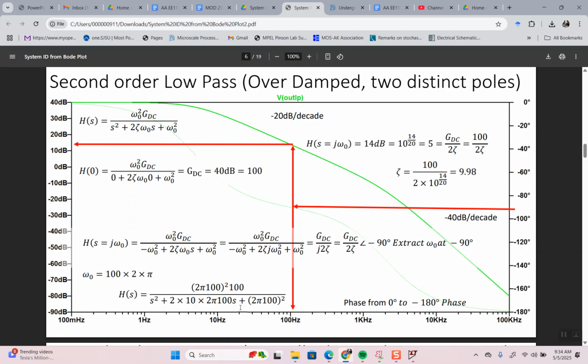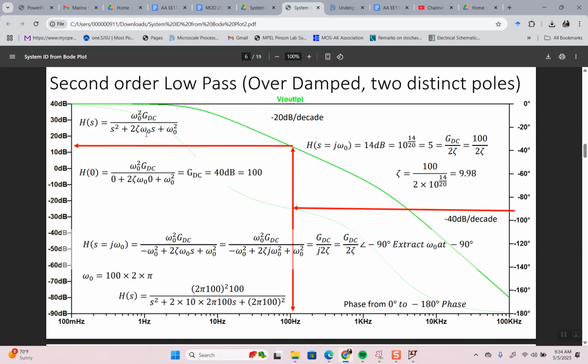Now, you need to do something at omega naught to be able to get the damping coefficient. Let's think about it. I have gain DC, that's something unknown. Oh, well, I can take it from this part of the plot, right? I also need omega naught, but I also need the damping coefficient.